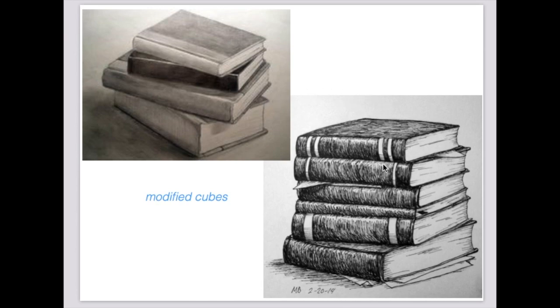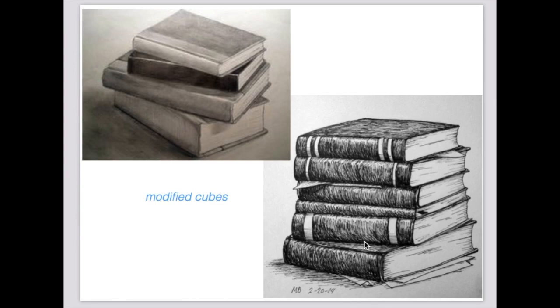I also wanted to point out that there's different ways of creating value, right? So most of what we're seeing here are blended either graphite or charcoal drawings. But remember, all the way back to line, we talked about contour, network, and cross-hatching lines to create value.